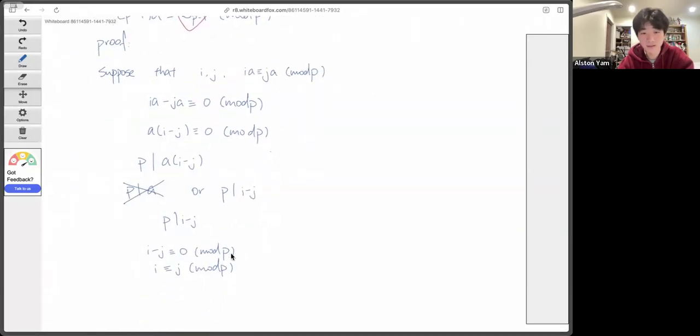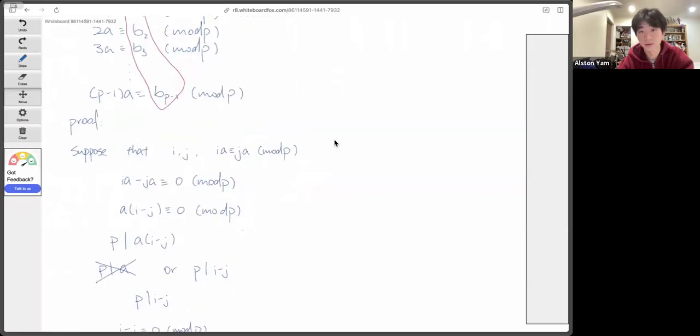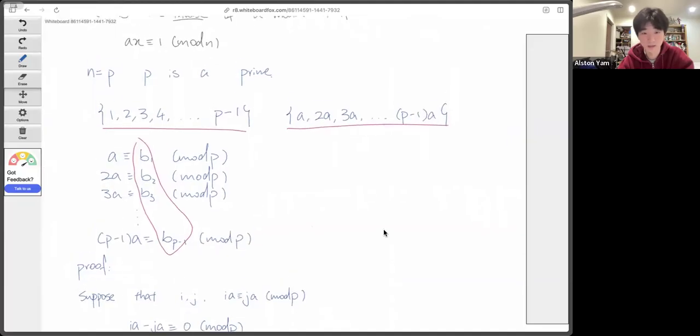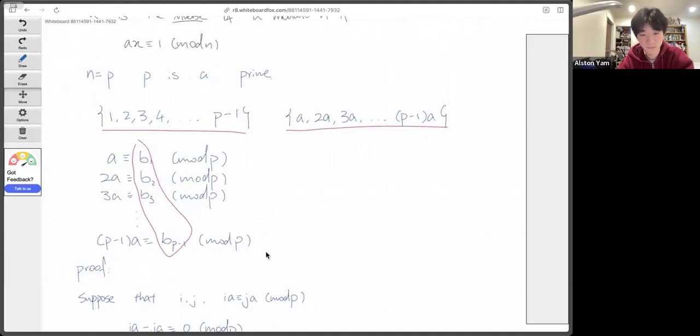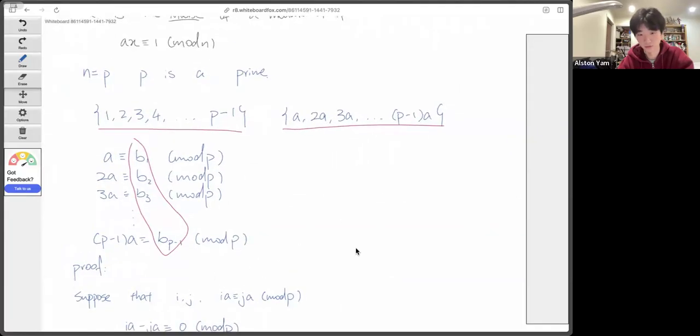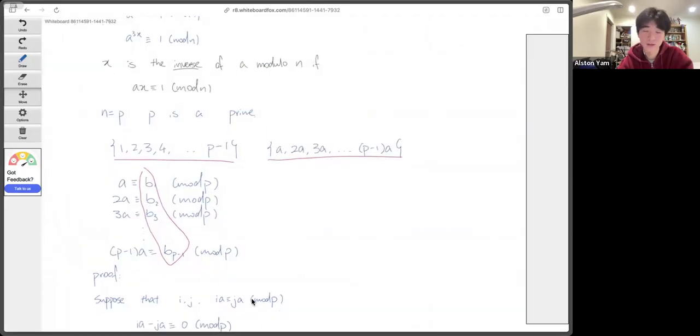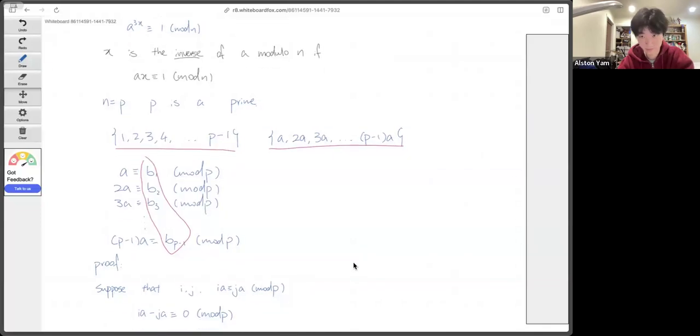So for them to have the same remainder when we divide by p, it must be that they are the same. But that is a contradiction, because we assumed that i and j were different numbers that were the same under mod p.